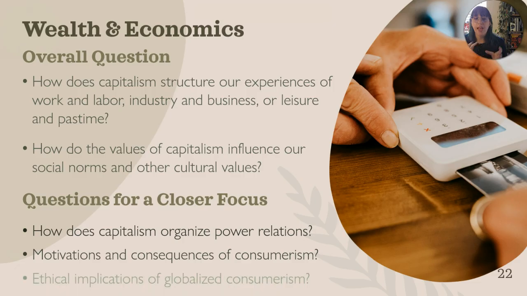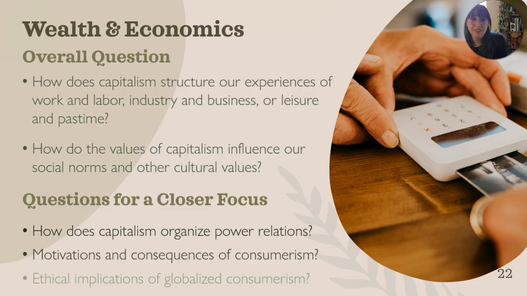How does capitalism organize power relations? So those who own and those who work, for example. What are some of the motivations and consequences for consumerism, marketing, things like that? What are some of the ethical implications of globalized consumerism and globalized capitalism?